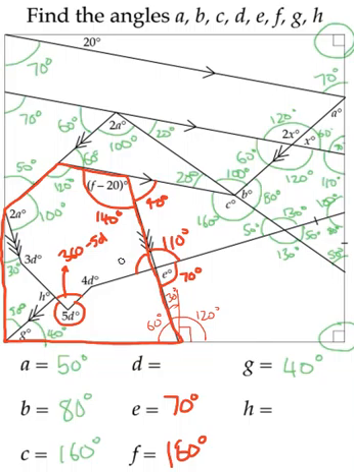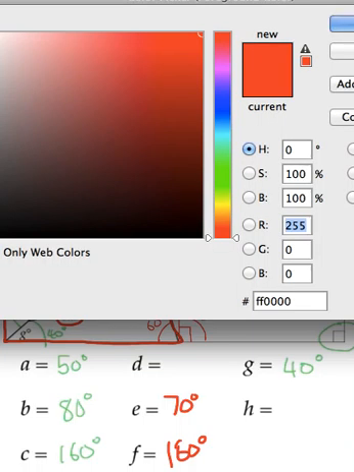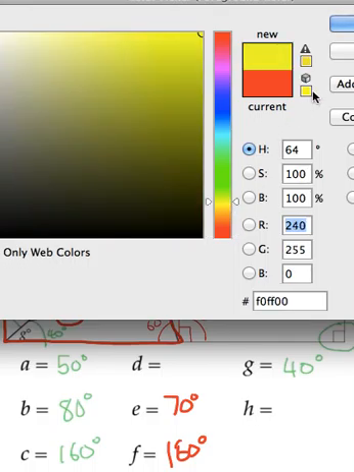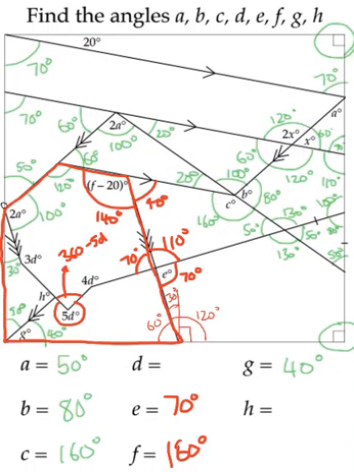So that would be 70 degrees. And overall, let's get a different color now. It's going to get a bit confusing. We have that side, that side, that side, that side, that side, that side, and that side. Overall, how many angles? 1, 2, 3, 4, 5, 6, 7.